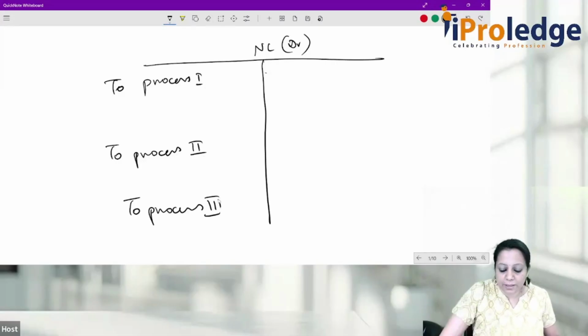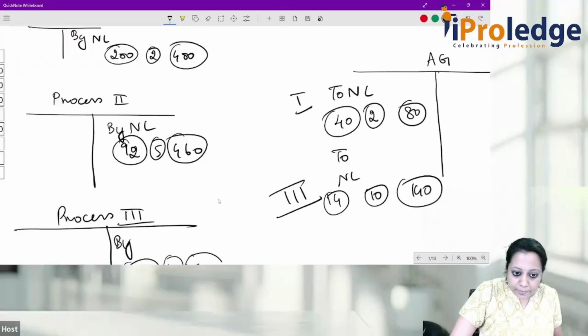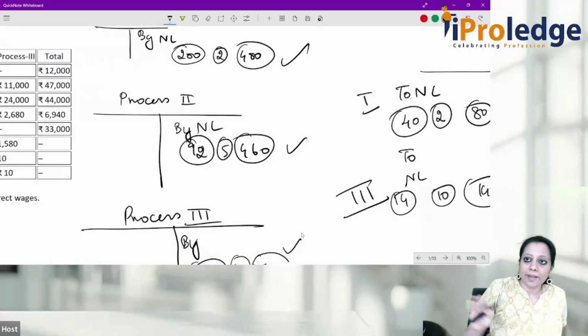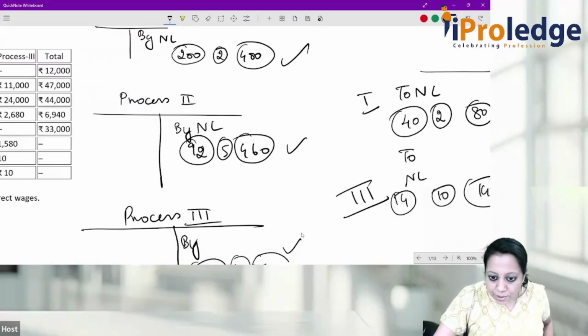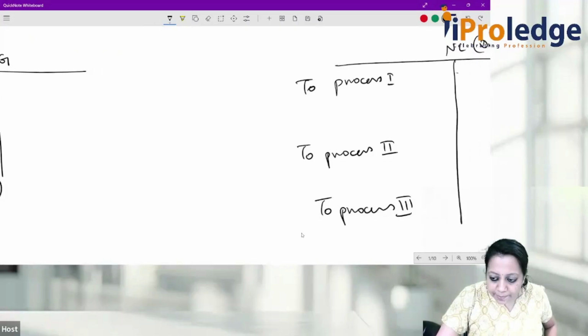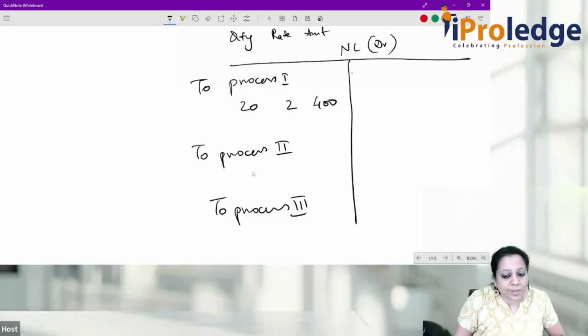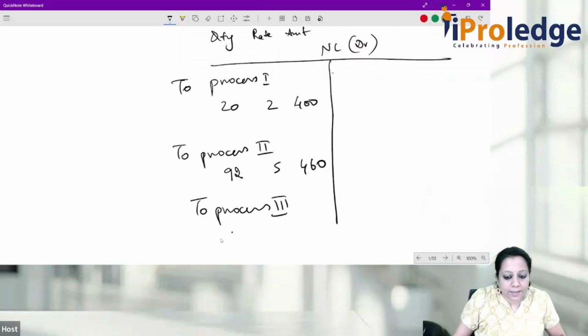This has come in the credit side in the process account, so here we are going to debit it in the normal loss account. So 200, 2 to 400. We are writing quantity, rate, and amount. Next one was 92, 5, and 460. The last one was 174, 10, and 1740.